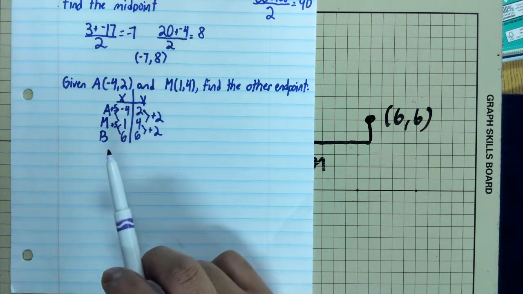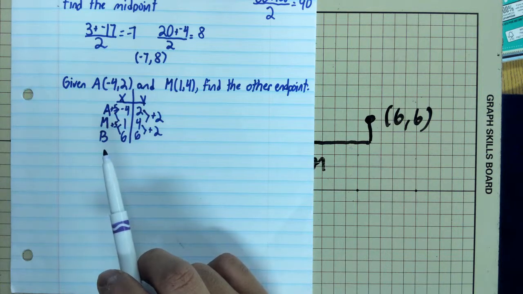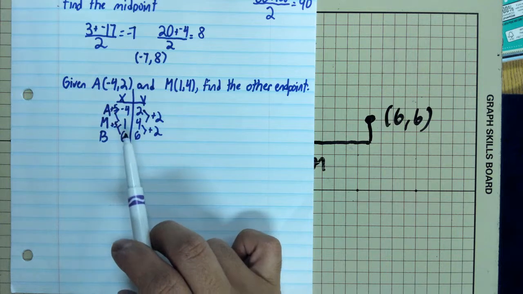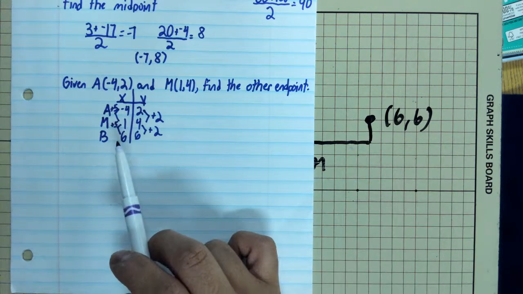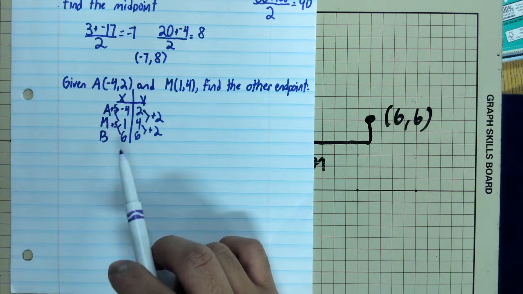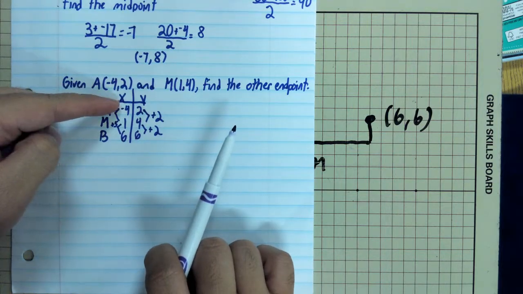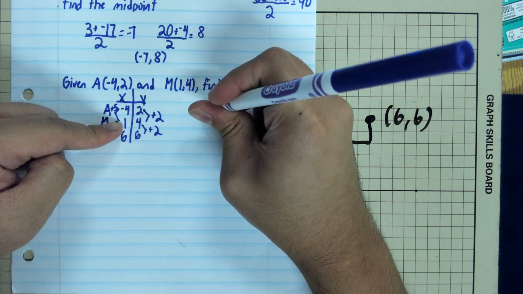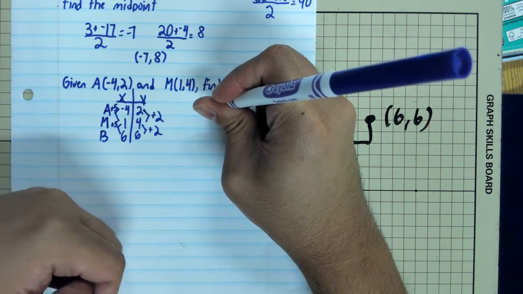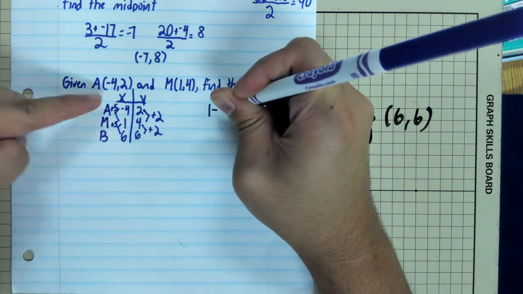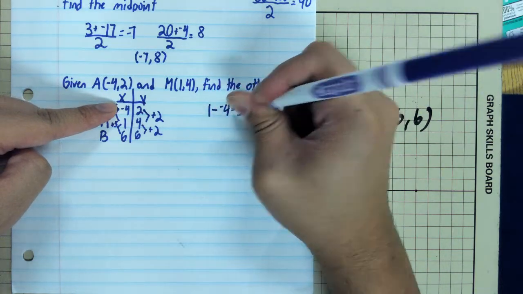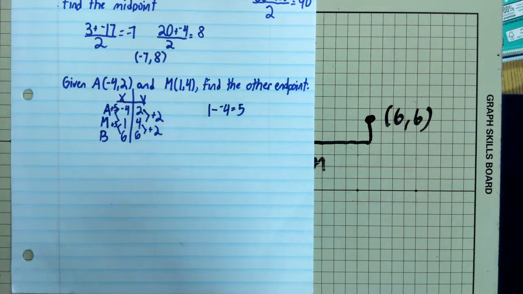If those numbers are too large that you can't think off the top of your head that we added 5, negative 4 plus 5 to get 1, you can go back to our distance between 2 points. How far is negative 4 from 1? So to find that, that's where we do our second point, 1 minus the first point, negative 4, to get that 5. So this tells me we're moving 5 units.